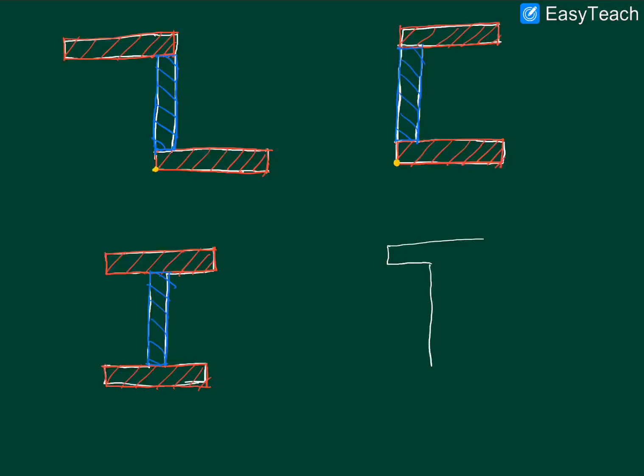So something like this. And just like before, we can have this rectangle and this rectangle.